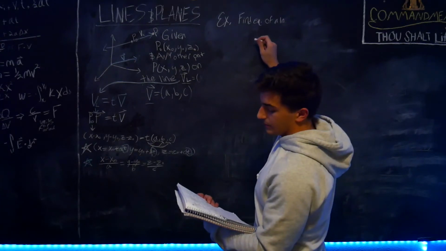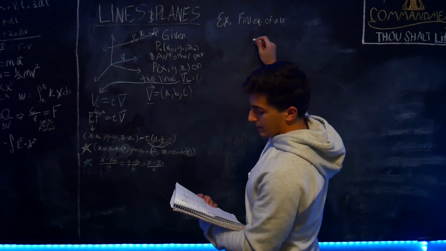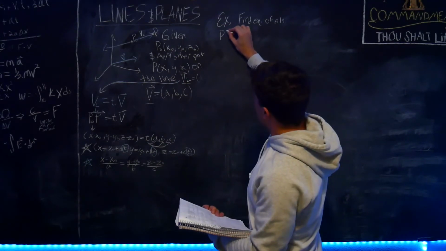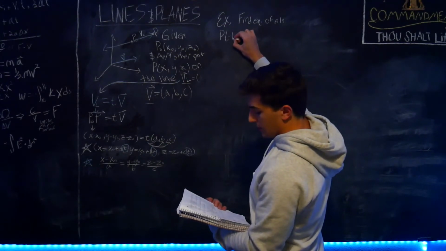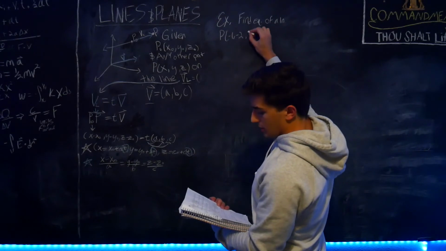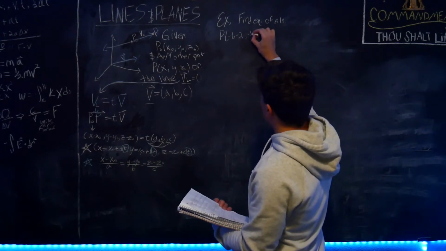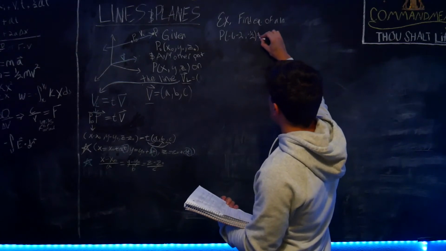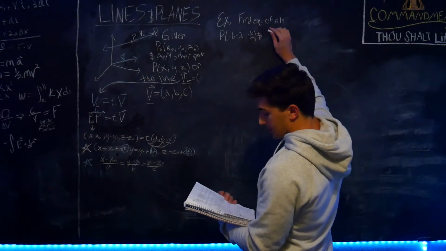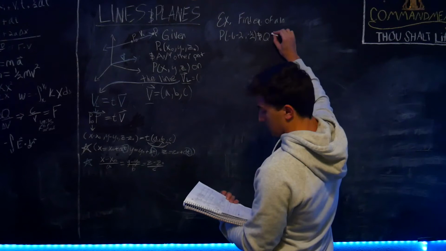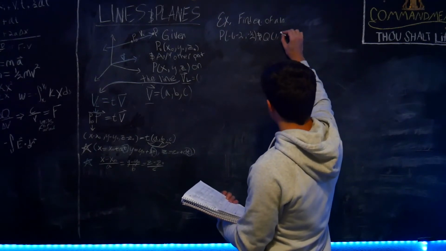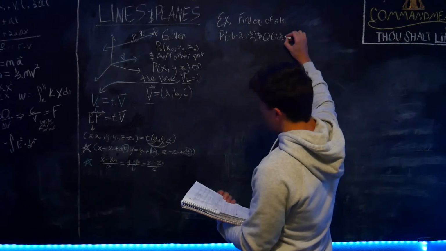I'm abbreviating, don't freak out. Given this point P, -1, -2, -1/2, and Q, this is another point, okay? So we're only given 2 points.